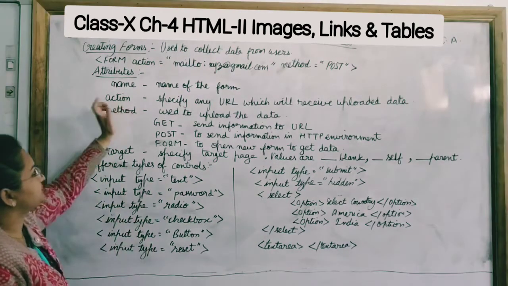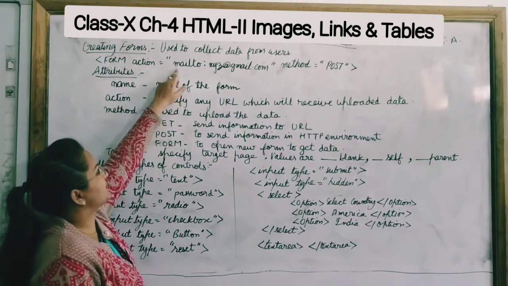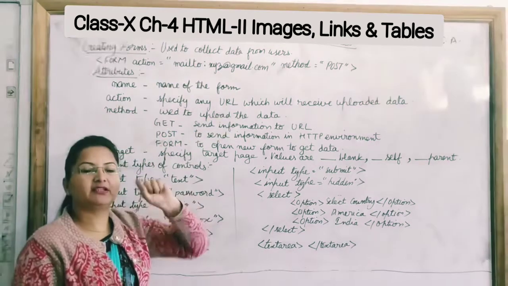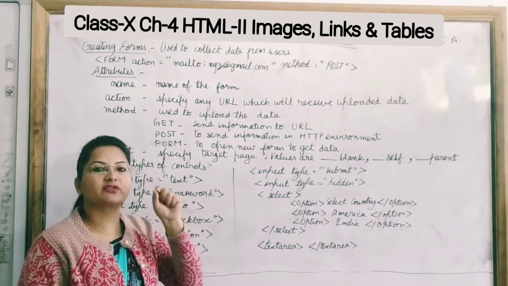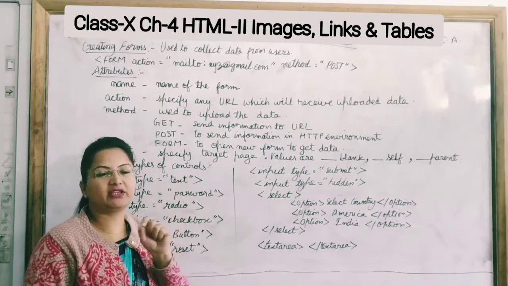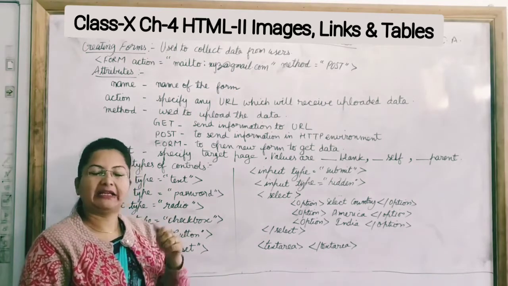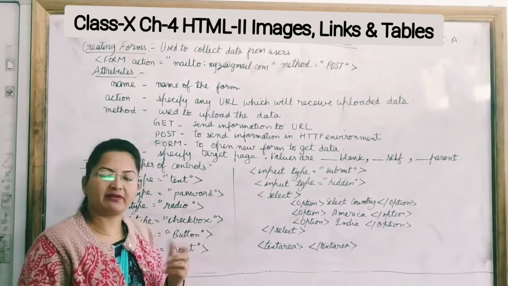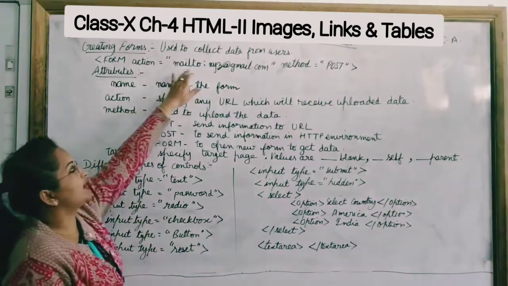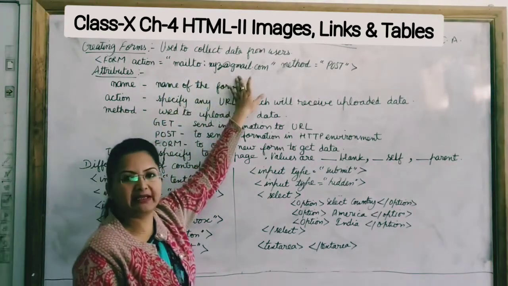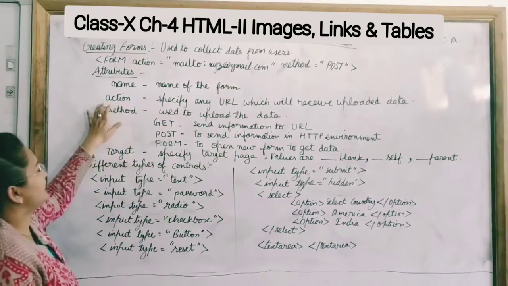Now action. In action, we can specify the URL. URL, its full form is Uniform Resource Locator. It is actually the unique address for any website. It can be a website, it can be a web page, and in place of URL you can also mention the mail address. So what will action do?